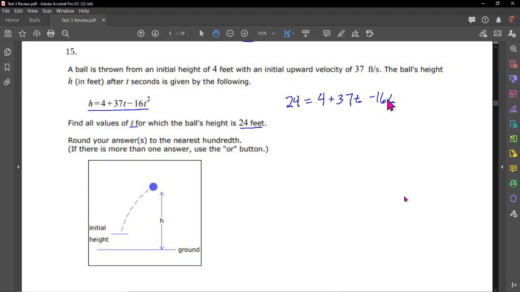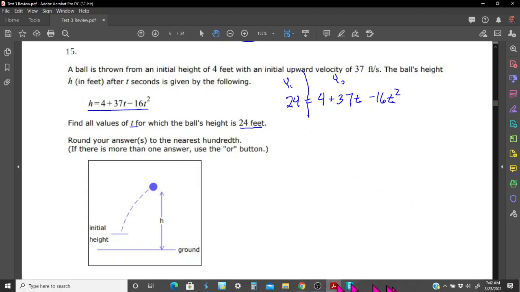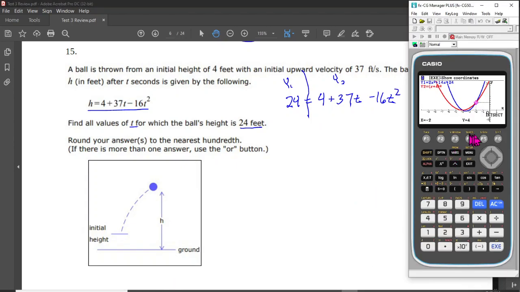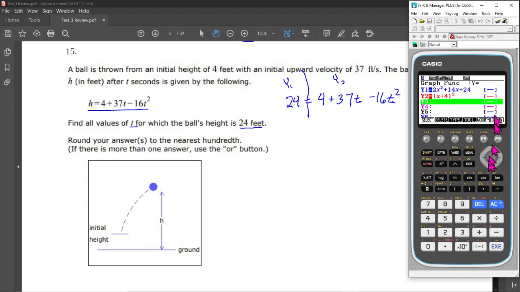So this is really all they're asking us to solve. And again, we'll use our method y1 and y2. Okay, and we may need to think through this a little bit, but that's okay. So let's put in our equations or our formulas.